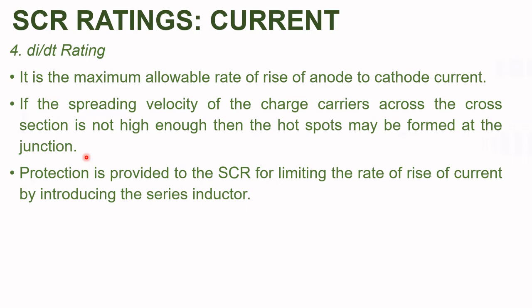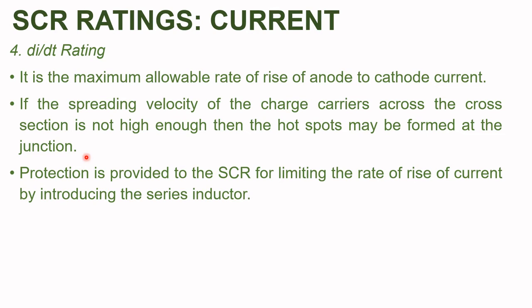di by dt rating. As the name indicates, it's the rate of rise of anode current rating. This rating is given as the maximum allowable rate of rise of anode to cathode current.